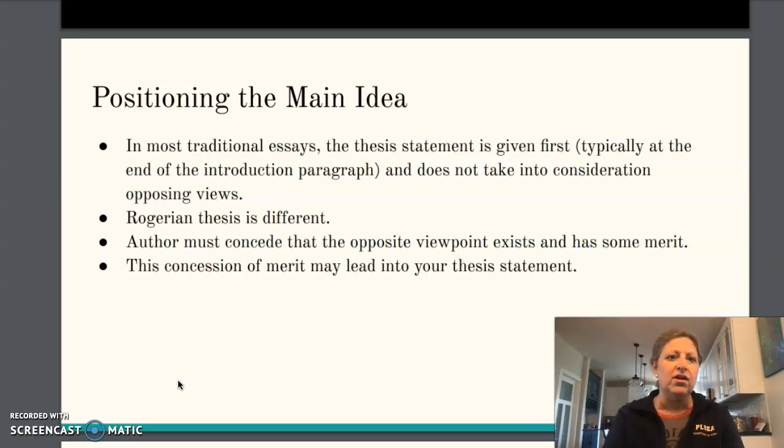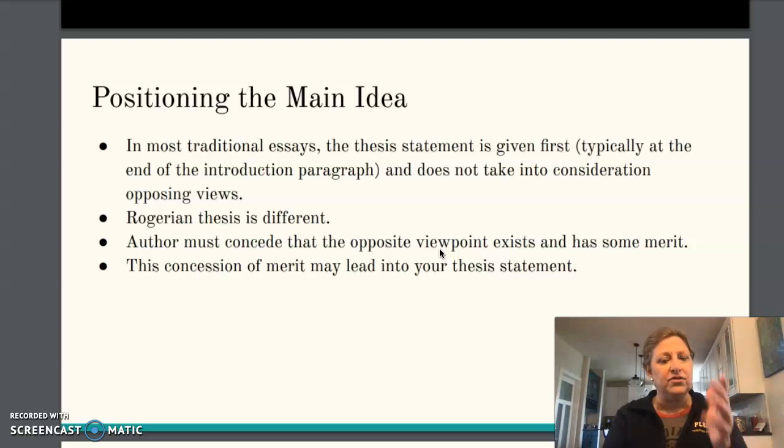And Rogerian arguments are a little bit different because honestly, in regular thesis statements, you haven't taken the time to really think about what the opposition has to say. And so the Rogerian thesis is different. The author must concede, say, yep, okay, the opposing viewpoint exists and has some merit.